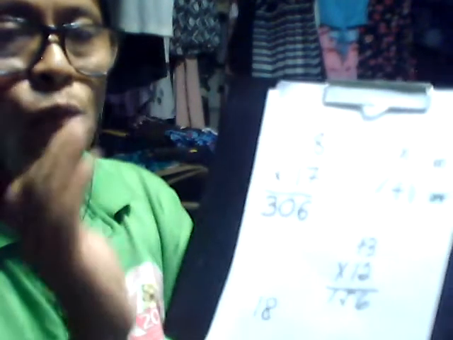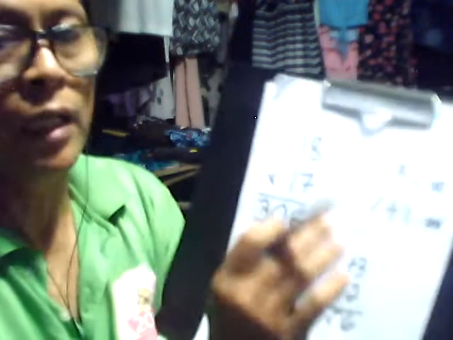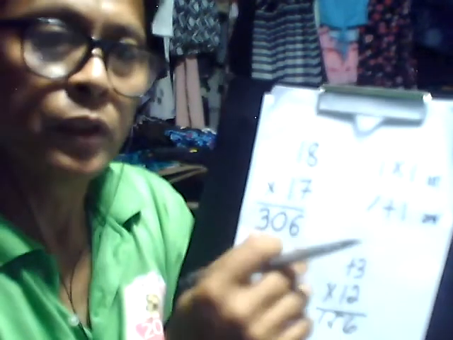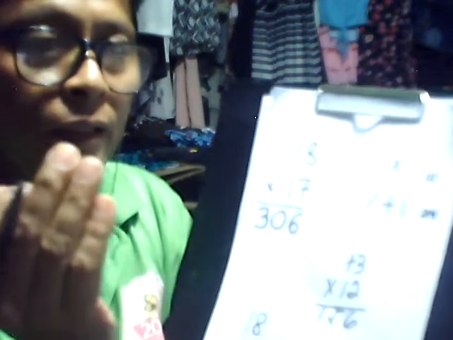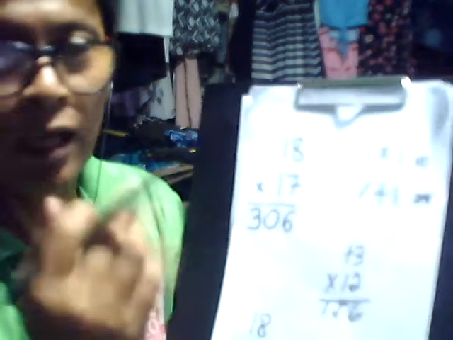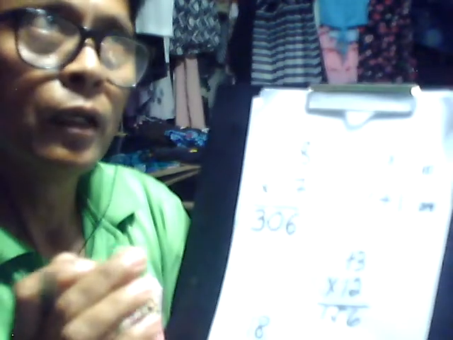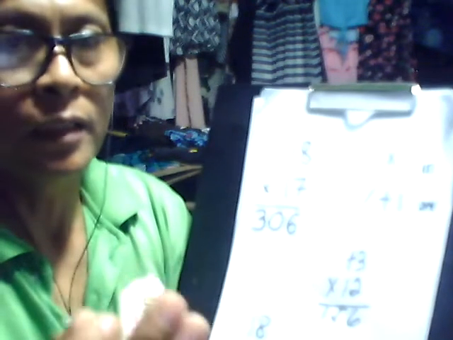So you might wonder why we have to multiply two-digit numbers mentally, if we can use a calculator or any calculating machine. There is a practical application of this formula. For example, you are in the real estate business.